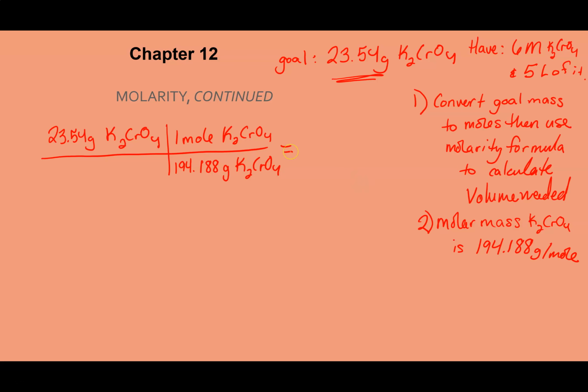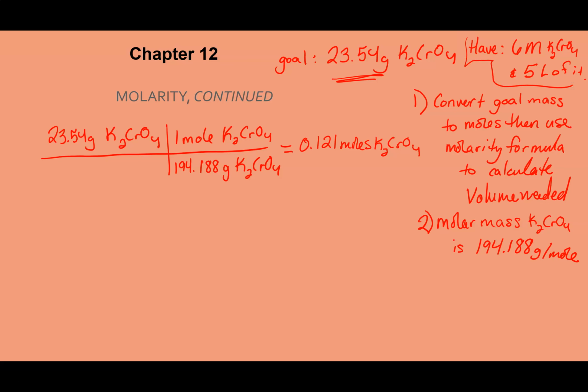When we do that math, we're going to get 0.121 moles of K2CrO4. So what we just calculated is the amount of moles of K2CrO4 we actually need from this given stock solution.